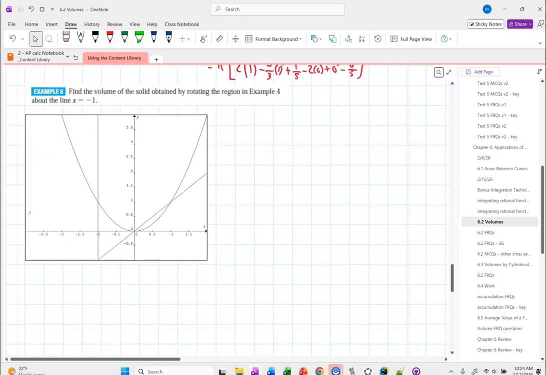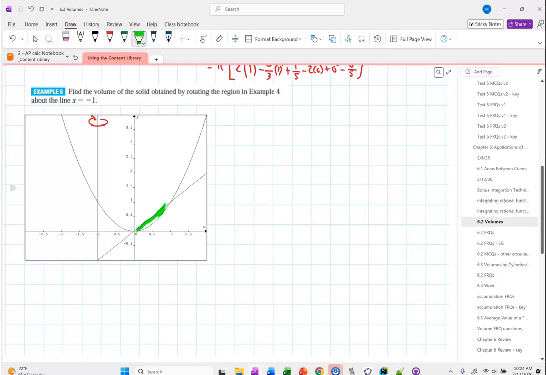We're going to take the same problem now. And this time we're going to rotate about a vertical line, x equals -1. Is that okay? So we're rotating about this line. Again, it's still this same region. All right, take a moment.